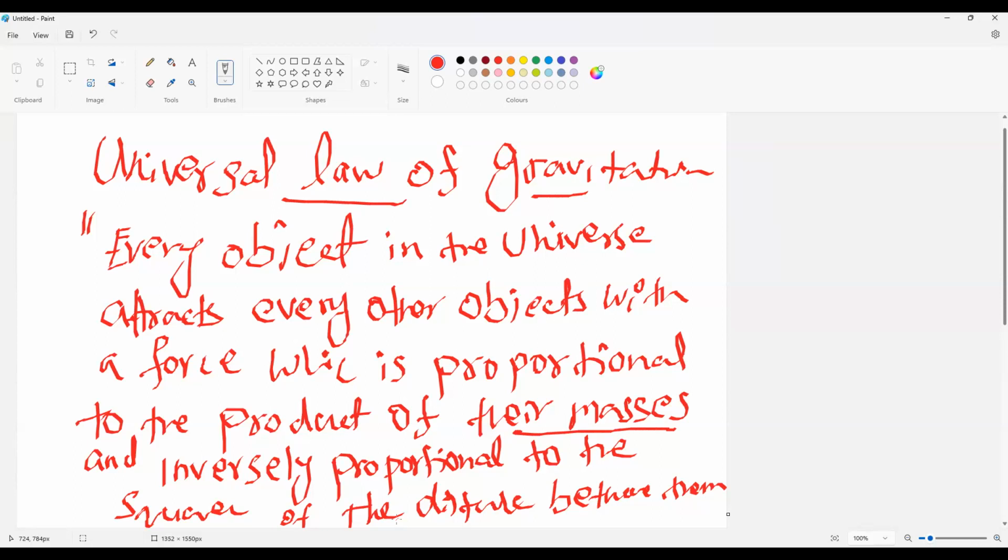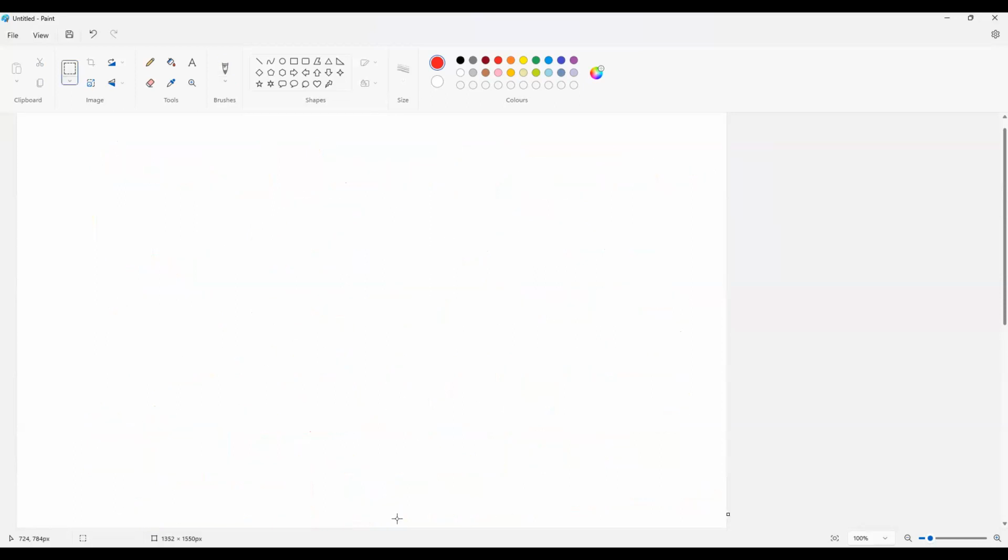Okay. So now we have understood, and what is the mathematical expression, or how is it connected with mathematics? F is proportional to M1 M2 by D square.